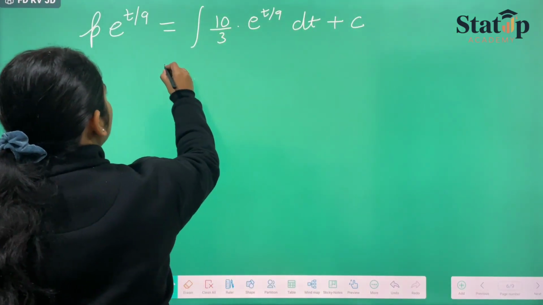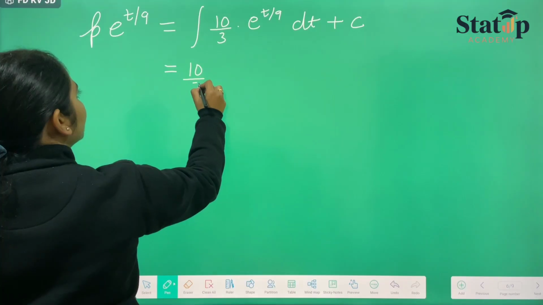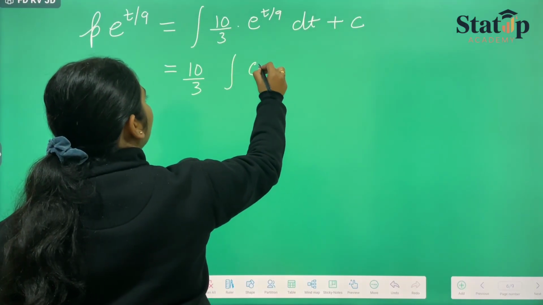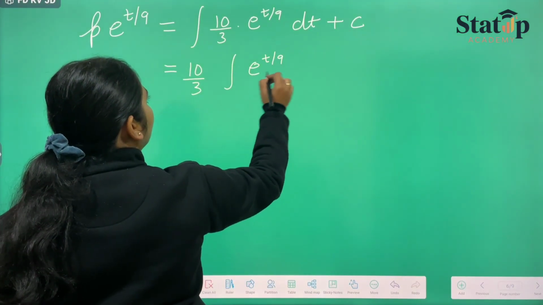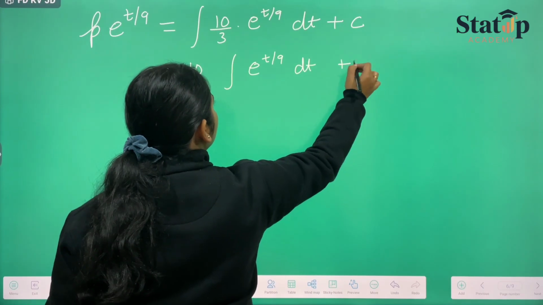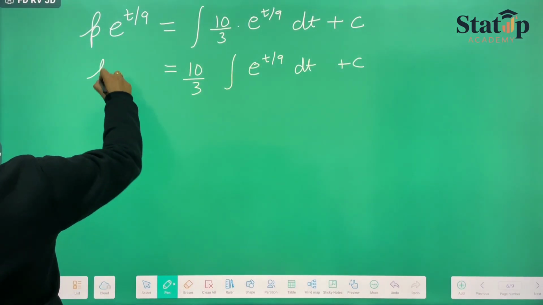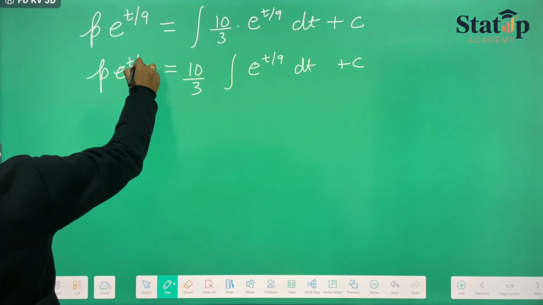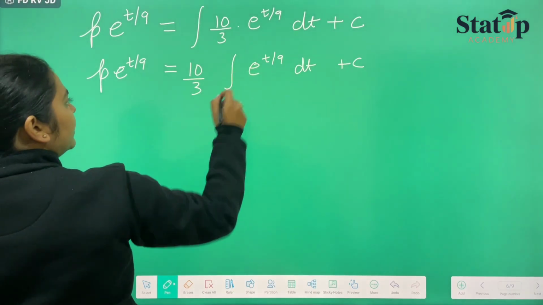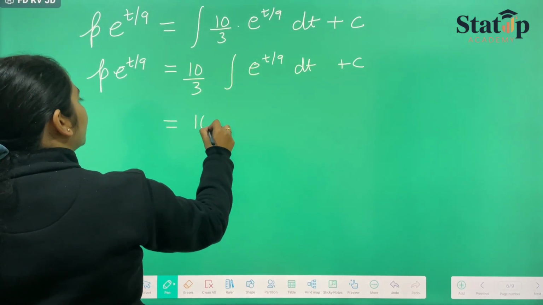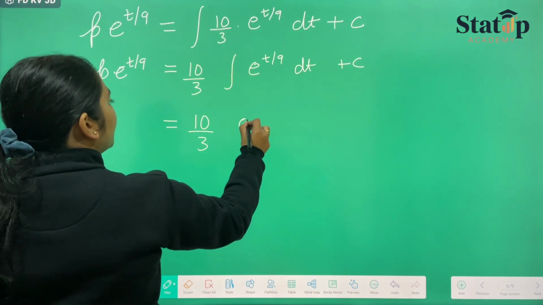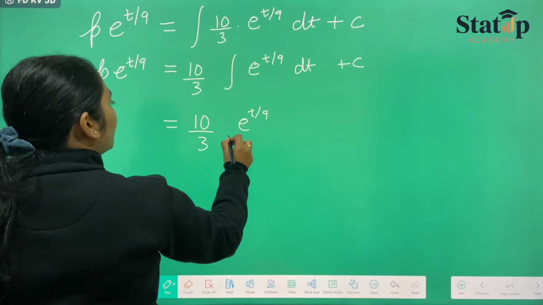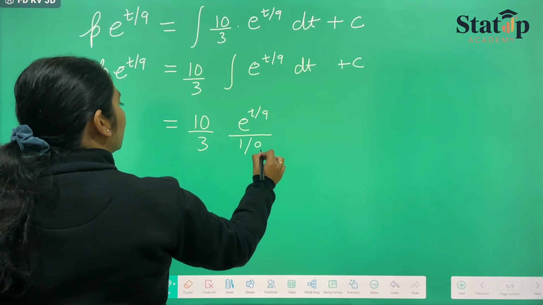So integrating this thing, 10 upon 3 comes outside, and integration of e raised to the power t by 9 dt plus c. So if I integrate e raised to the power t by 9, this would be nothing but e raised to the power t by 9 upon 1 upon 9.